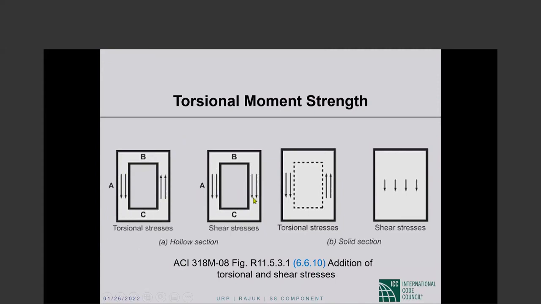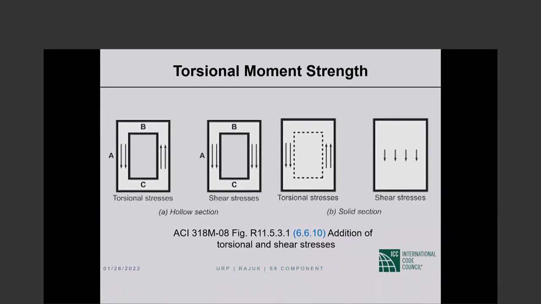So are the shear stresses in the walls of the hollow section. And we can simply add the two, the torsional and the shear stresses. However, when it is a solid section, the torsional stresses are still in the walls of the thin wall tube, but the shear stresses are now across the entire cross section. So now we cannot simply add the two together. This is why we take the square root of the sum of the squares.